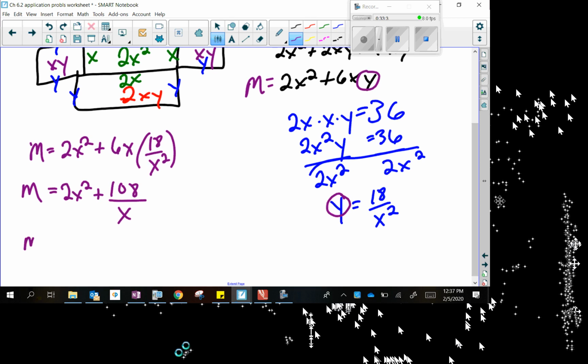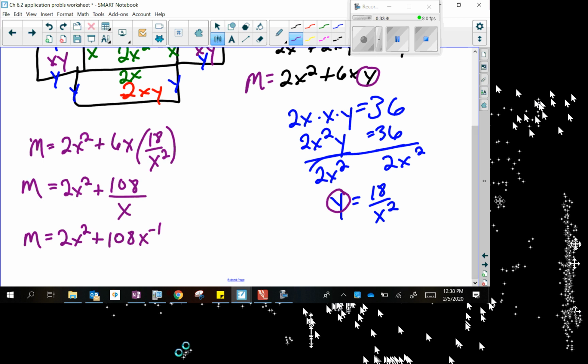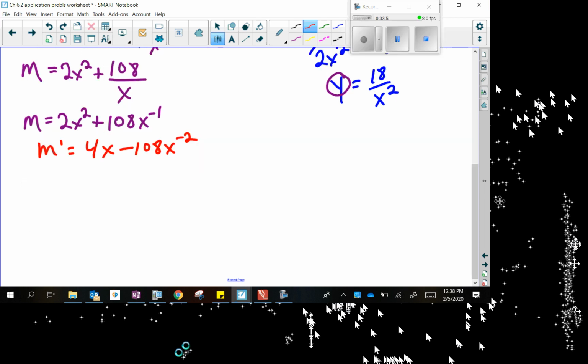All right, so now I'm going to rewrite that. And now I take the derivative. I get 4x minus 108 x to the negative 2. And I set it equal to 0.